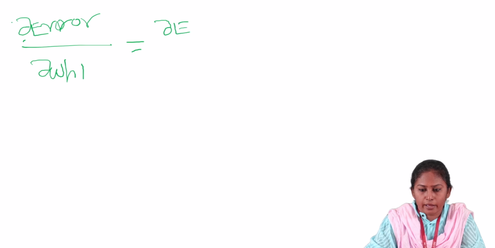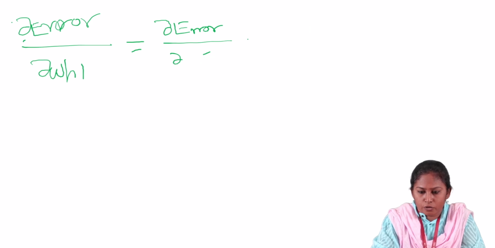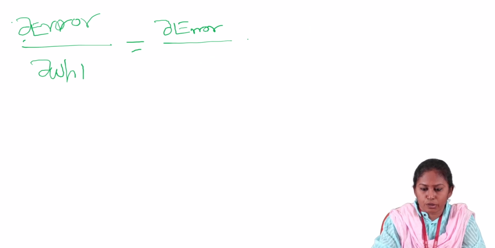So, do error with respect to do net y1, into do net y1 with respect to... yes, actually there's a problem. We have to reach this with respect to only out y1 at first.